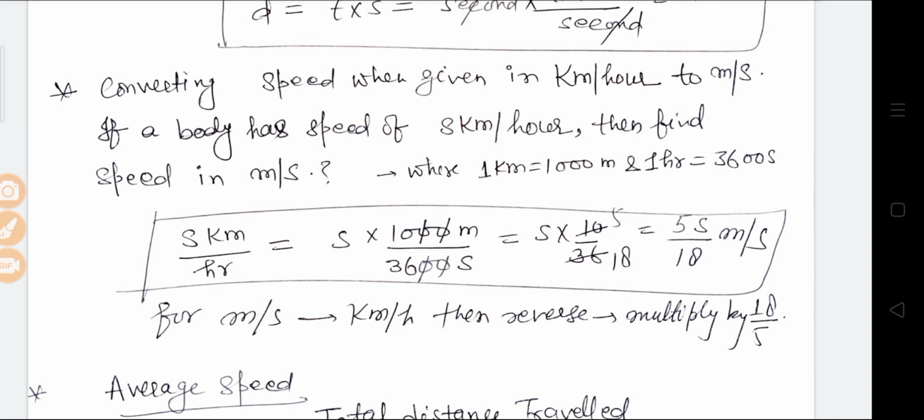So when you convert kilometer per hour to meter per second, you just multiply by the factor 5 by 18. If the velocity is given in meter per second, you reverse it and just multiply by 18 by 5 to convert meter per second to kilometer per hour.